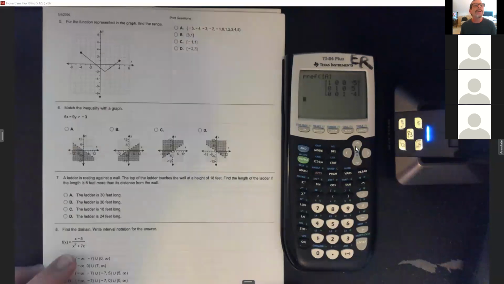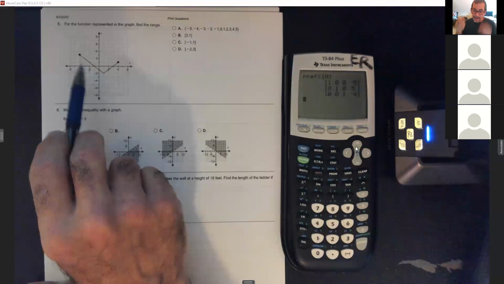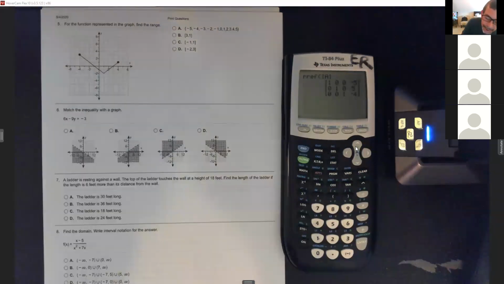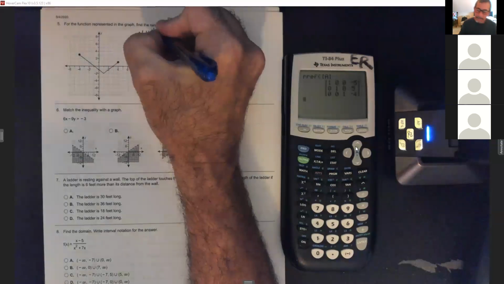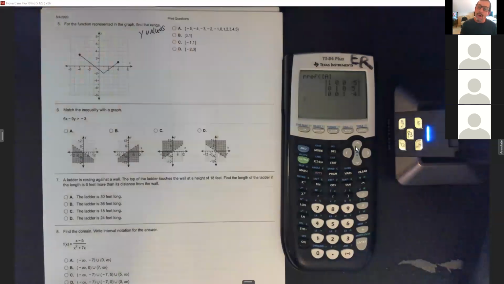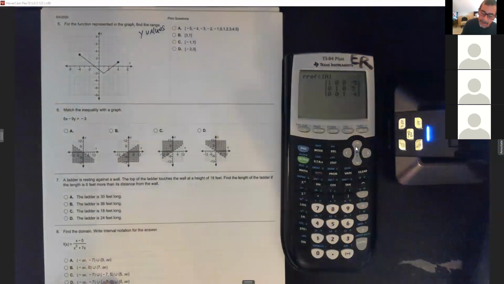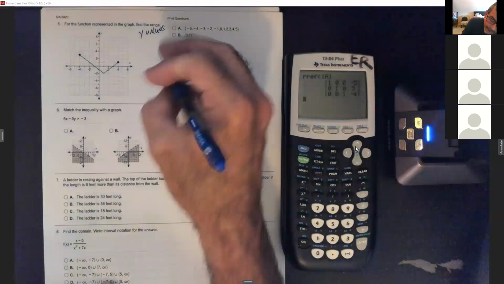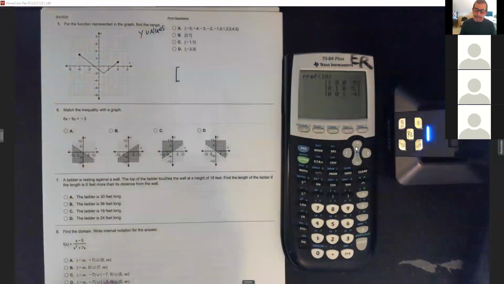This next one here wants me to find the range of this graph. The range is the Y values. And we always start with the smallest Y value and go to the highest Y value. And on range, since them numbers are included, we use brackets.